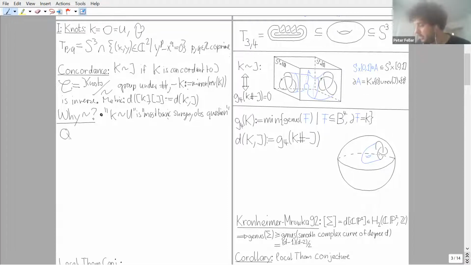Here's a question you could ask in any dimension. When you have an embedding of S1, I'm still thinking of smooth, and I'm going to call my embedding K, like for knot, into the boundary of a four manifold, and of any n manifold, actually, and your boundary injects into your manifold, then S1 is the boundary of everybody's favorite two manifold, the disk.